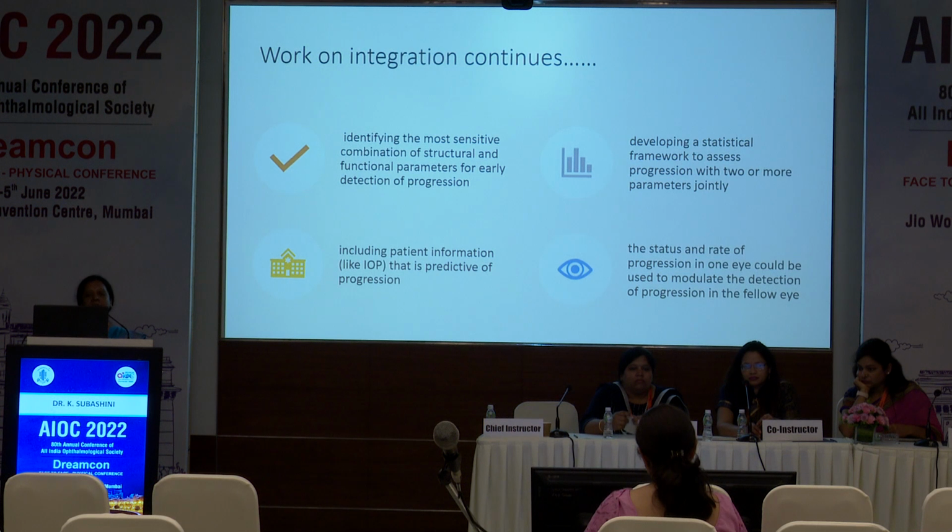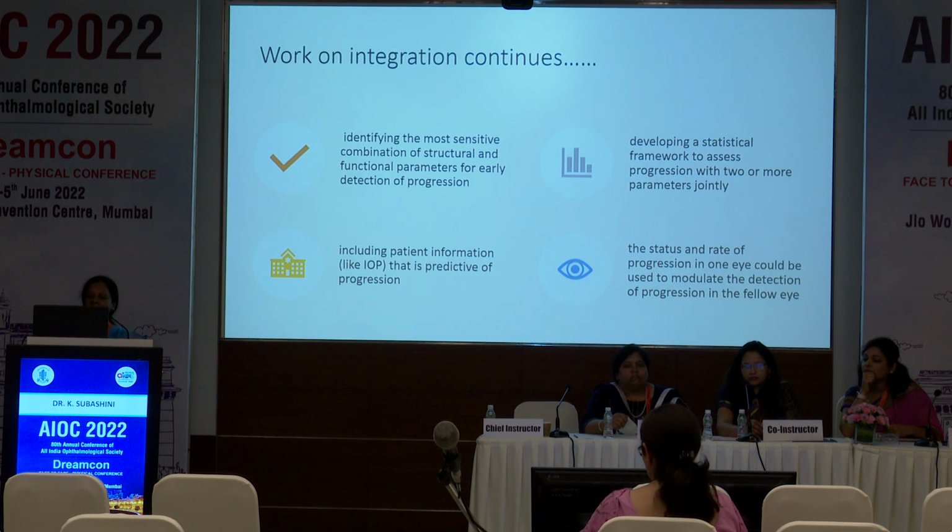Researchers are working on identifying the most sensitive combination of structure and function parameters for early detection of progression, and they are even working on more than two parameters jointly, and also using patient information like the intraocular pressure, which is also taken into account while predicting progression.